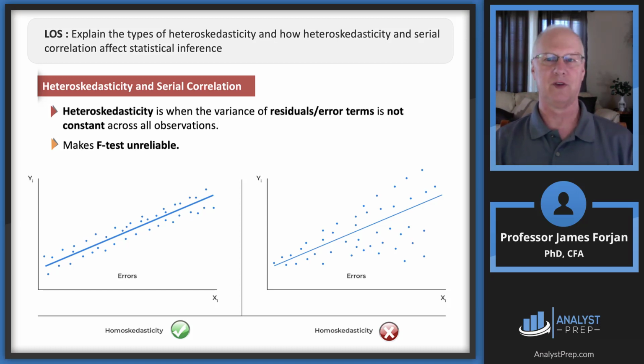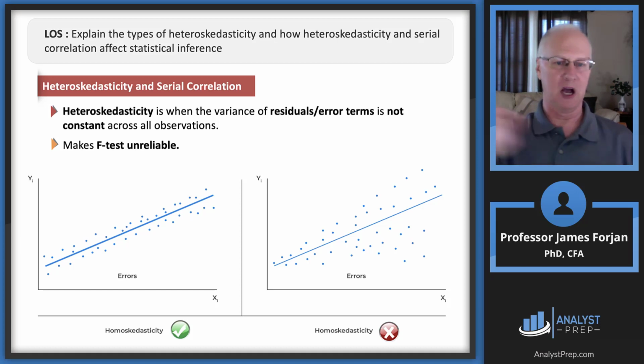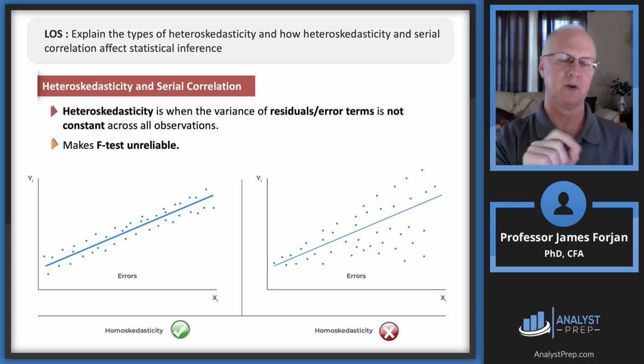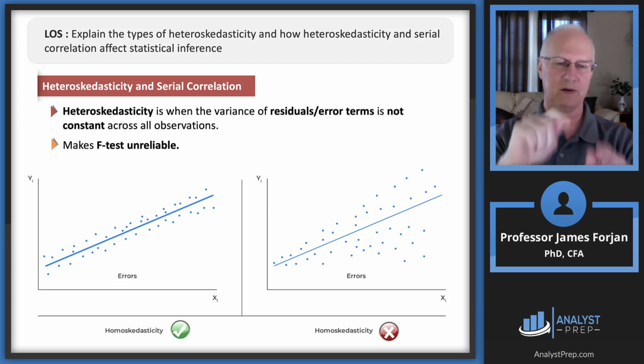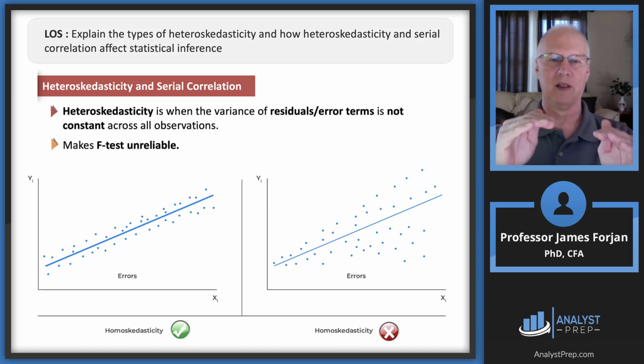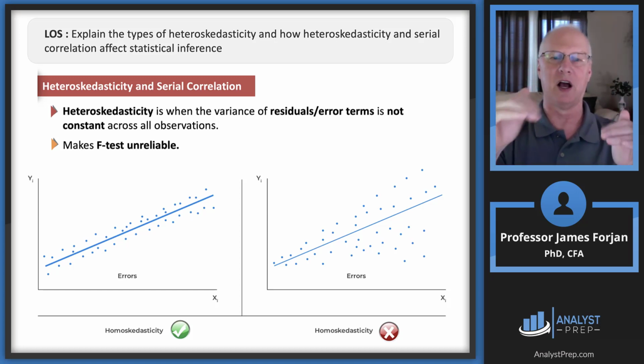So one of the assumptions is that the variance of the disturbance or the error terms is constant across all observations. So look at the left graph. There's the line. There's our model. The blue line is upward sloping, and notice that those disturbance or error terms are all about above the line and below the line.